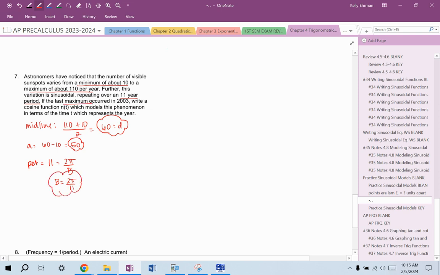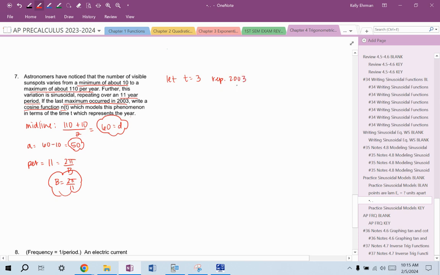The last maximum occurred in 2003. Write a cosine function. I didn't read this very carefully when I did the key. That represents the phenomenon, where T represents the year. I don't like having T be 2003. Sometimes the calculator can't handle that very well. So I'm going to let T equal 3 represent 2003.